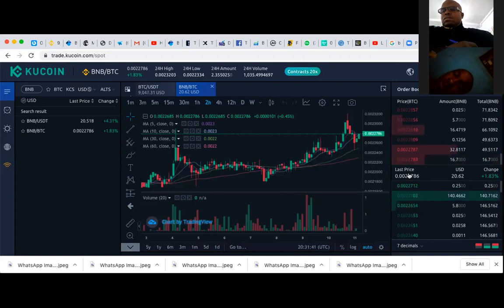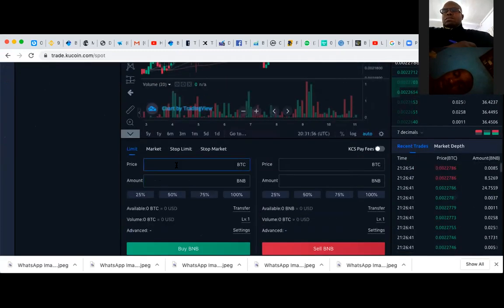So me, if I want to buy this coin now, I look at the chart. It's okay. I can place my own price at 22785. So you come down here, you're going to type it by yourself, 0.0022785 thereabout.